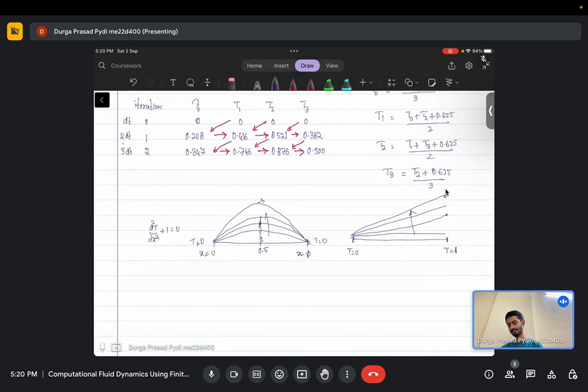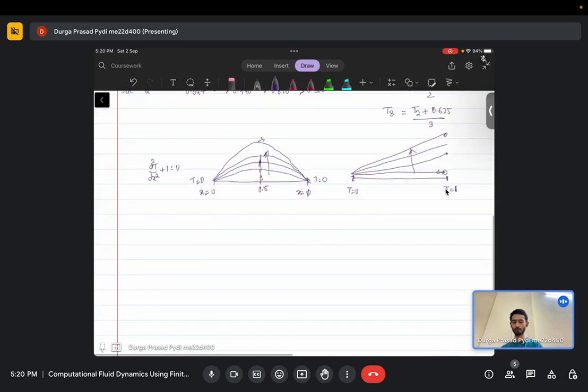So what always happens is that information moves from the boundaries towards your interior. In case of T equal to 1, this particular value of 1 will keep on propagating inside. Initially only the near boundary values will be closer to 1, and after the next iteration the nearby values will keep increasing, and if you go one more step further, the other values will also keep increasing. As you go iteration by iteration, these values keep increasing, trying to balance this out.